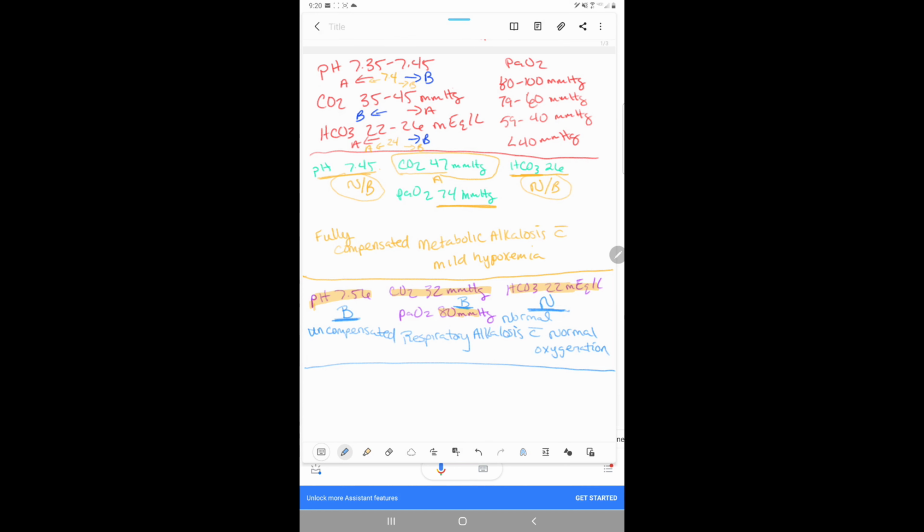All right? So now we're going to move to another blood gas. Okay? This patient has a pH of 7.24. Their CO2 is at a 69 millimeters of mercury.